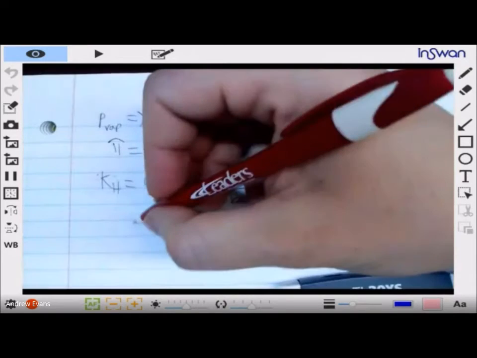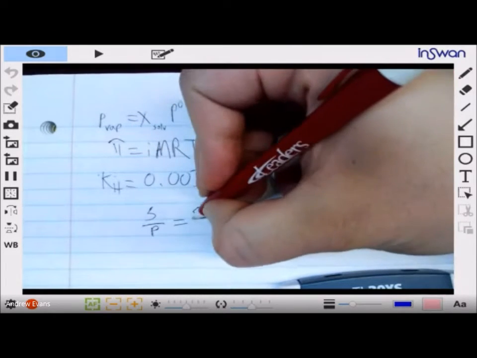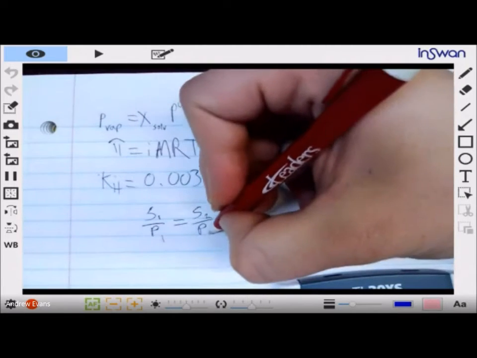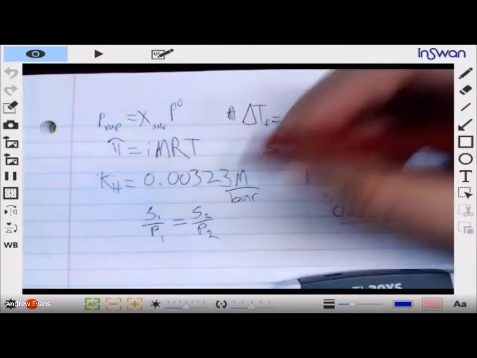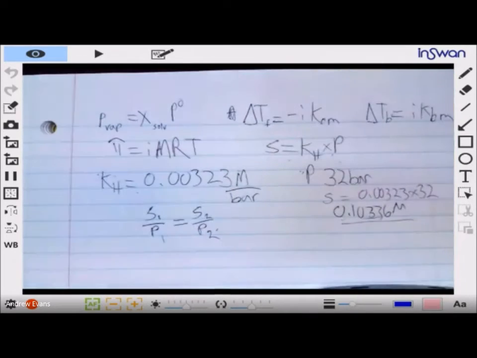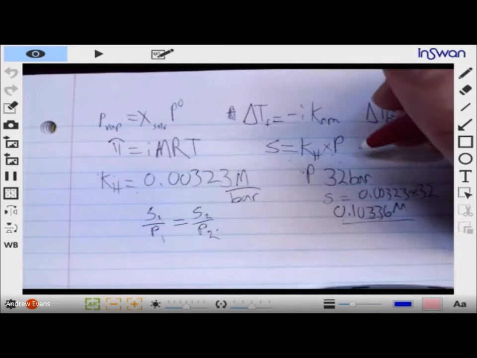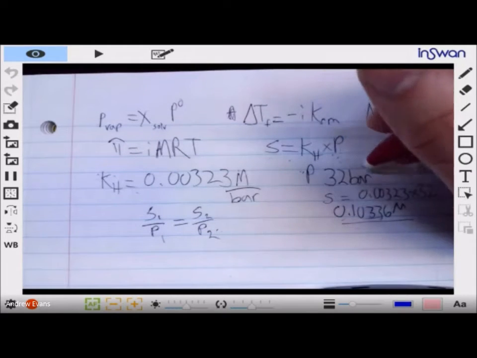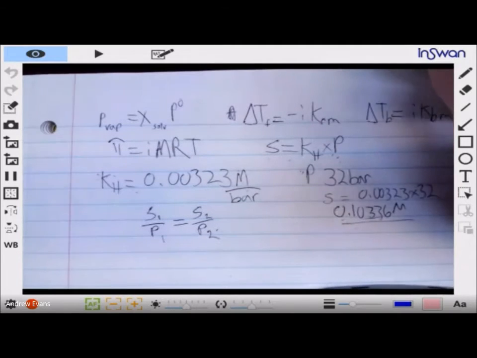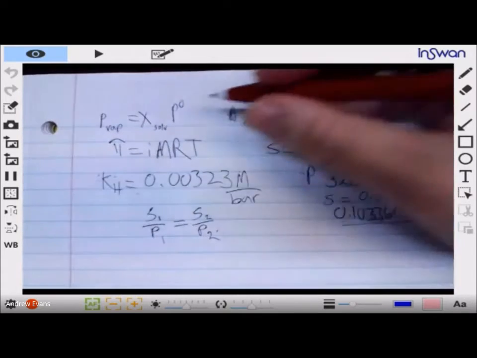All you'd be doing is S1 over P1 equals S2 over P2, because you're essentially just finding this constant and plugging it in again. This is kind of a weird equation, but really, if you're watching the units of this constant, it's a really easy concept. But okay, so going back to these guys, we need to know M.